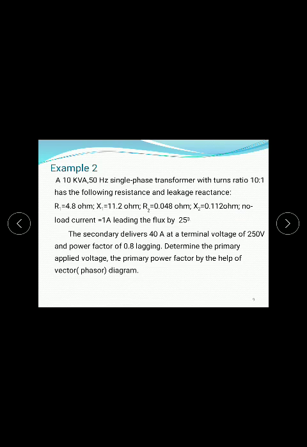The no load current is 1 amp, leading the flux by 25 degrees.